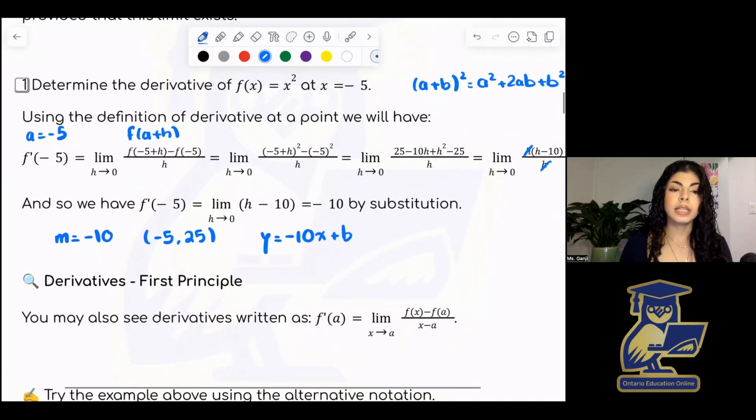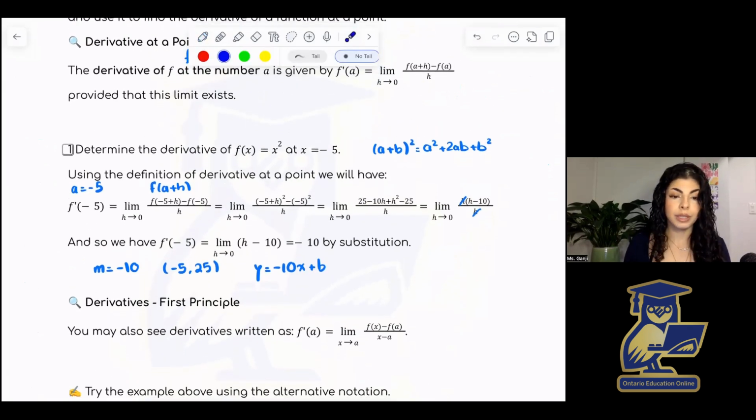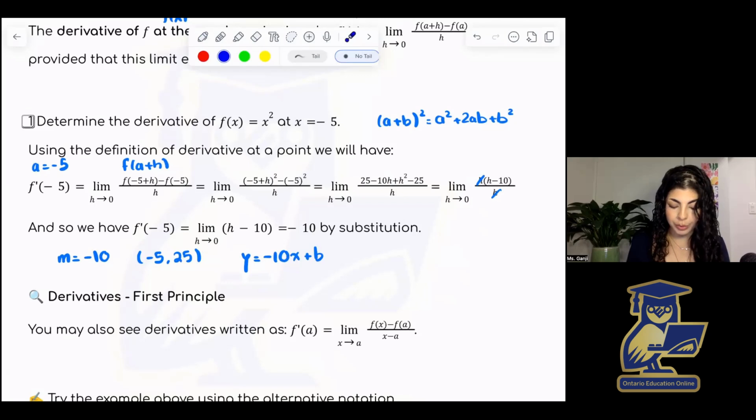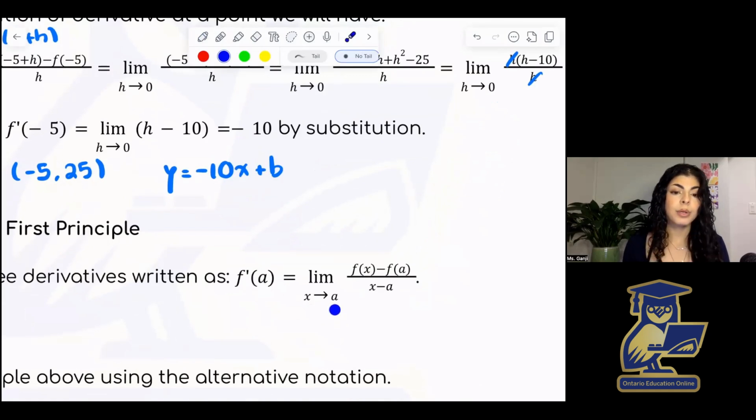Now, another definition here, which is our first principle. And this is exactly that same limit definition there, just written differently. So this is still equal to our derivative at a point x is equal to a. And here we just write this as x approaching a. And in our numerator, we have f of x minus f of a and x minus a in our denominator.